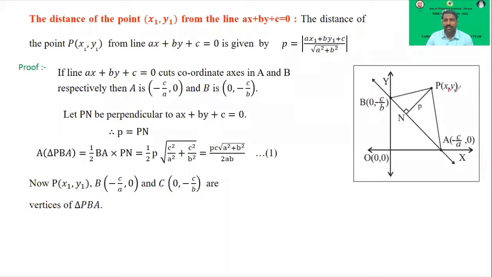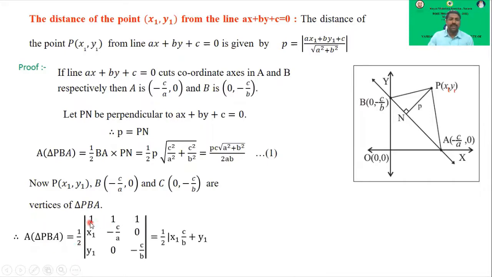Now the area of triangle PBA, which we have seen in determinant form, is half times the determinant with rows x1, y1, 1; -c/a, 0, 1; and 0, -c/b, 1.